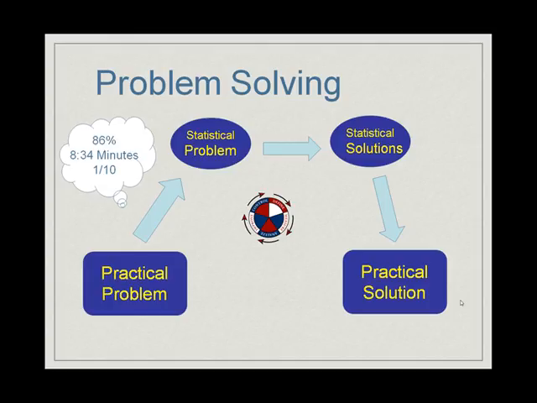Now we can measure how various sources of variation affect a given output. We solve the statistical problem by collecting data, utilizing data we may have on our various input variables, and then we move it back to a practical solution for implementation.